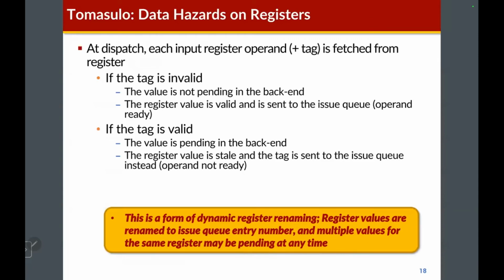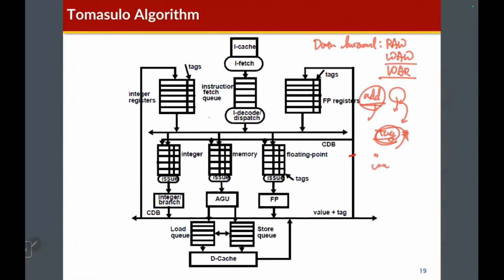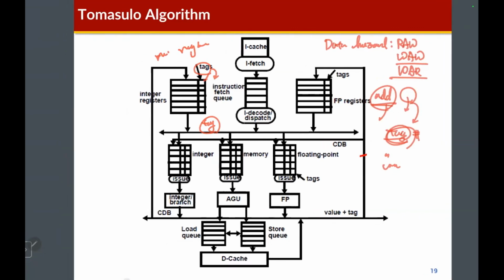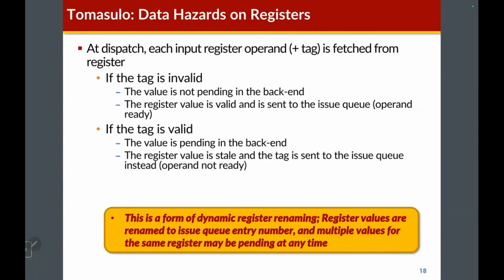Then, as I explained, when the instruction is dispatched, the tag is updated to the registers. And these tags are used for the register read for the following instruction. So when the instruction is dispatched, this instruction checks the status of the registers.